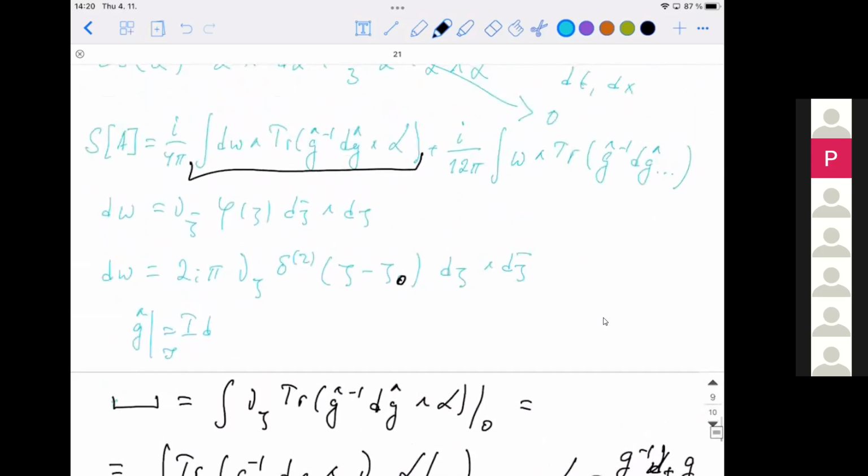and this part in our case just goes to 0 because this is proportional to the residue at 0. So this is actually 0, so it will disappear. But for other models, it does not have to disappear, and it's proportional to this term.